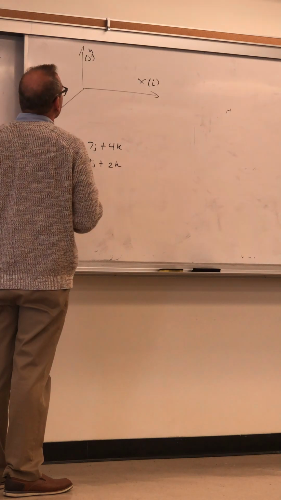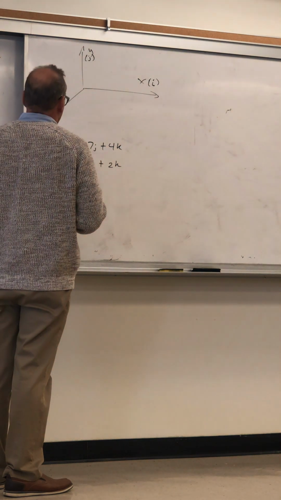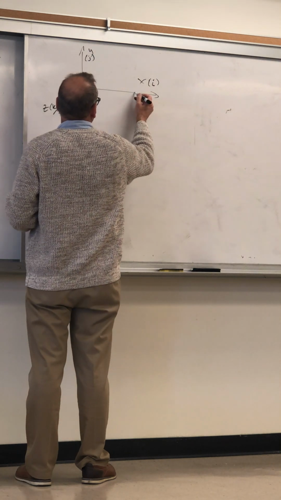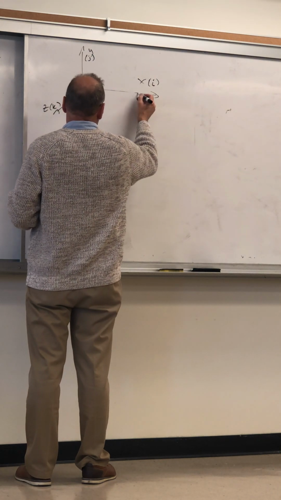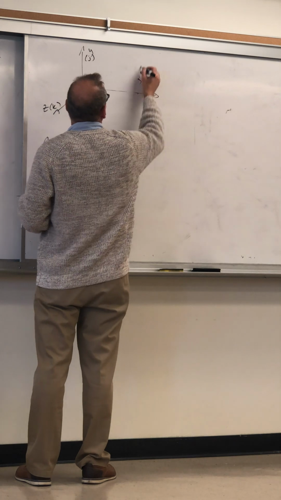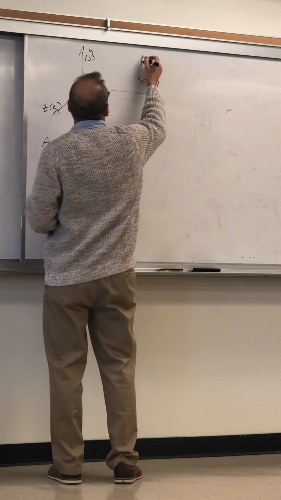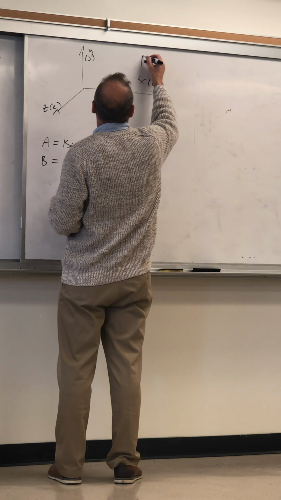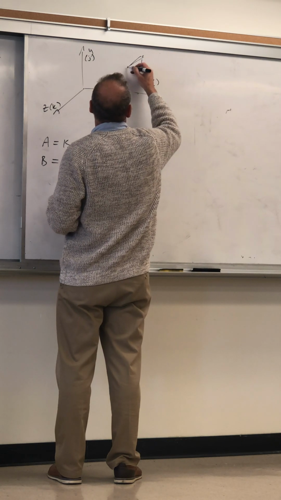So let's see. So this one, A, I go out 15 here, then I go up 7, and I come out in the K direction like this, right?